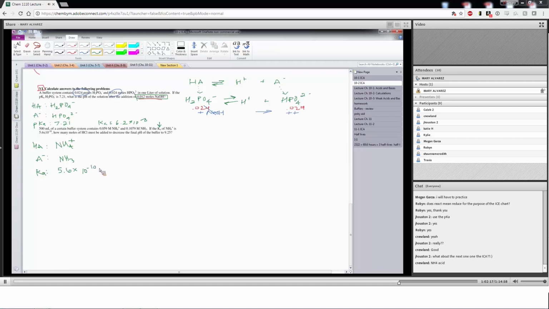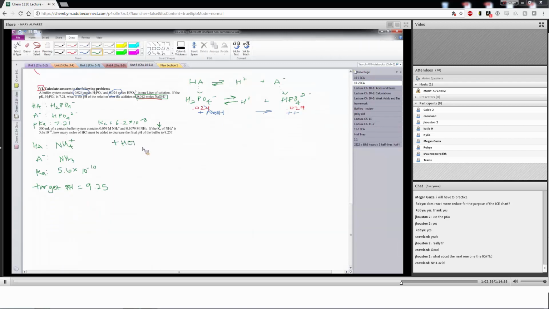And we want our target pH. Target pH needs to be 9.25. And now we're going to say, in order to get there, I need to add strong acid, add HCl.